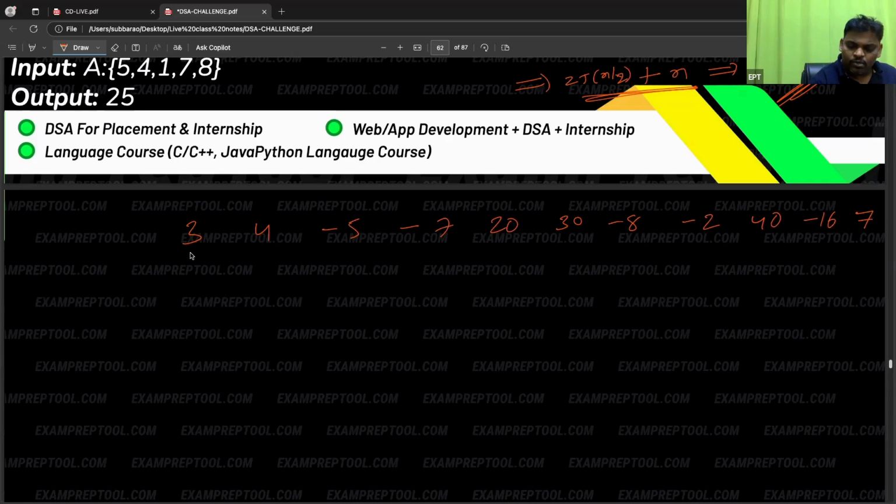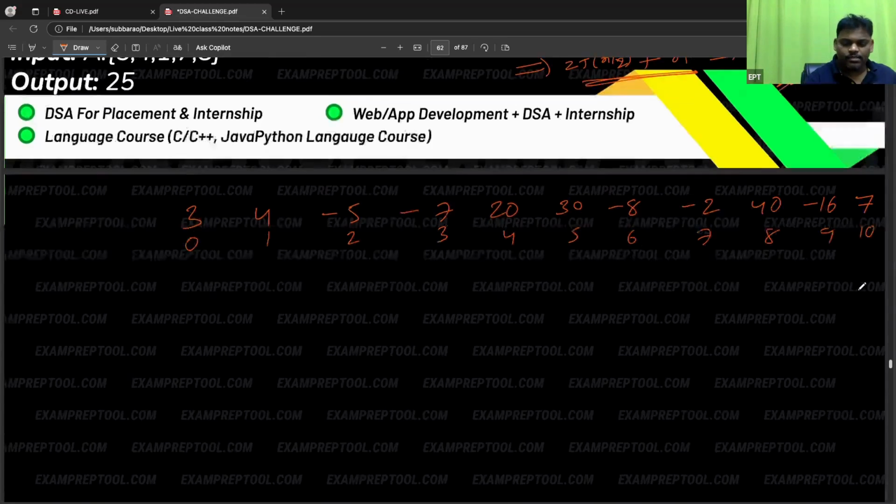Some numbers I have to give, I have given. This is the array, and these are the indexes.